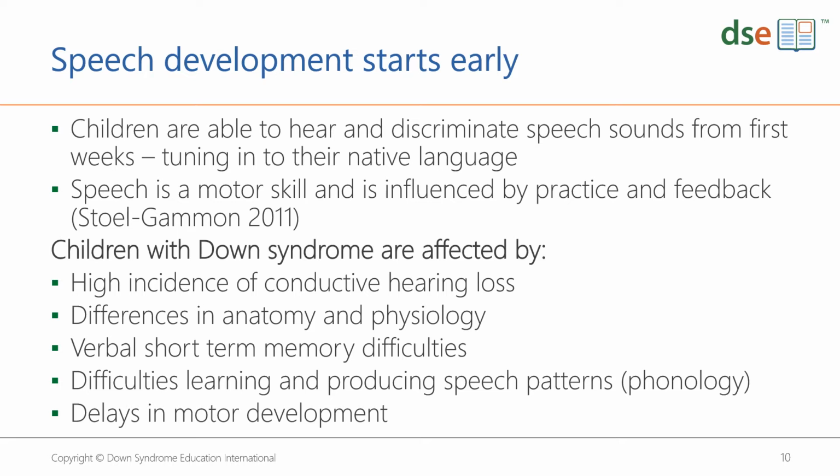We know that children with Down syndrome are going to be affected by high incidence of conductive hearing loss right from the first year of life. If you've got glue in your ear, you will not hear clearly, but you may hear more clearly if we engage in specific activities to help you. We know there are differences in anatomy and physiology that may influence their ability to produce clear speech. But we also know it's not just that.